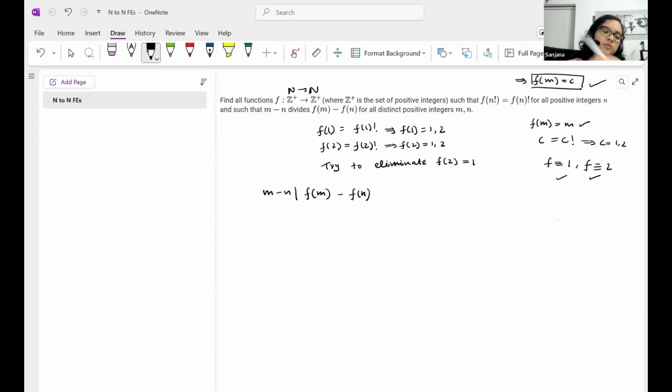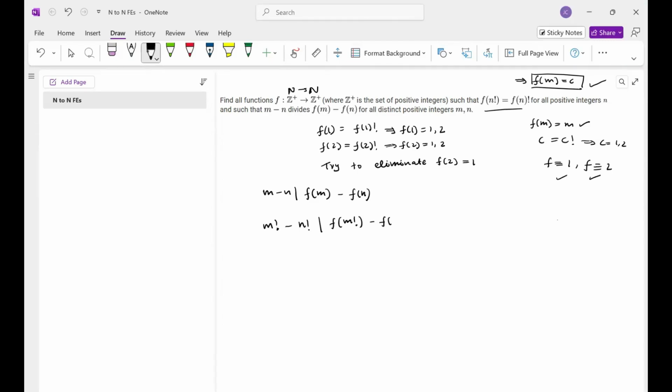No, I meant putting this condition. Put m and n as some factorials. And in particular, are there some nice related values we could use for m and n?